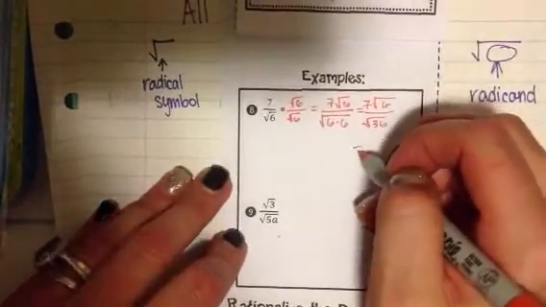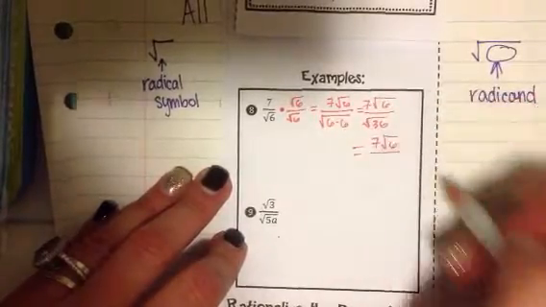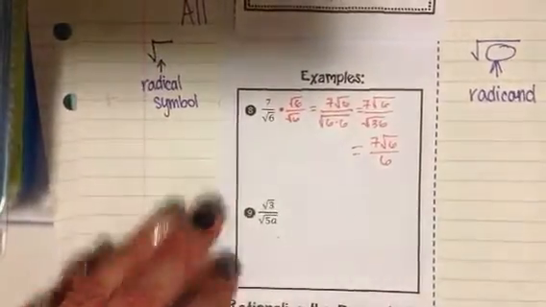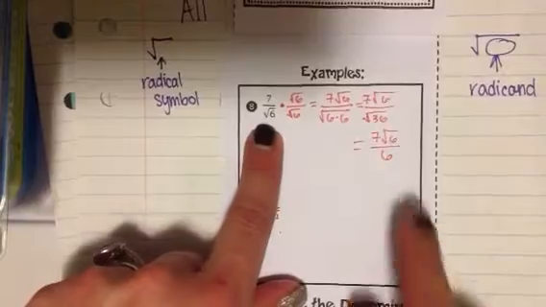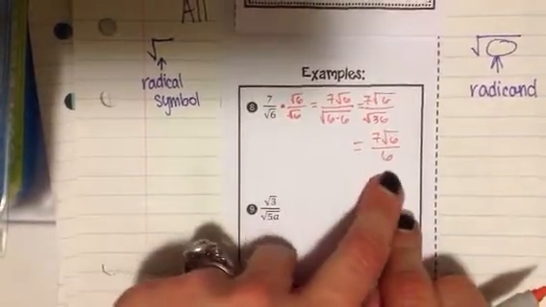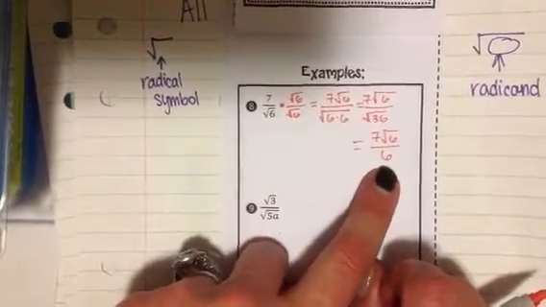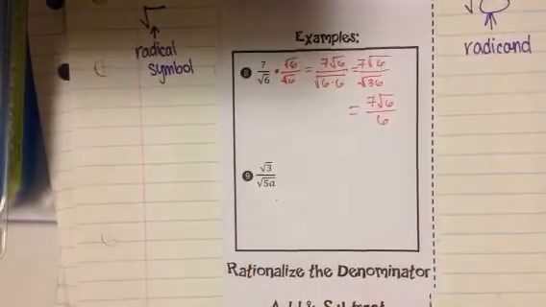I can now reduce this to 7 times the square root of 6 all over, well, the square root of 36 is 6. And that is actually the simplified answer. It may not look more simple than that, but because we cannot have the square root in the denominator, this is actually simplified. Let's try it now for example 9.